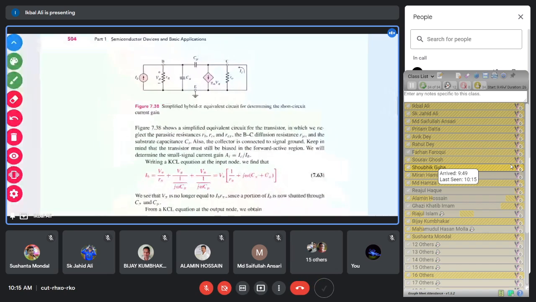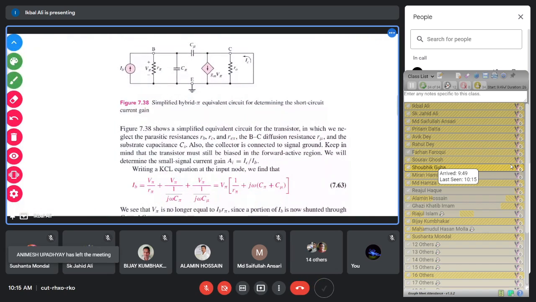You just see that the equation is written here: the supply current IB should be equal to the current flowing through the resistance R pi, that is V pi by R pi, the current flowing through the capacitance C pi, that is V pi by 1 by j omega C pi, and the current flowing through the capacitor C mu, that is again V pi by 1 by j omega C mu.